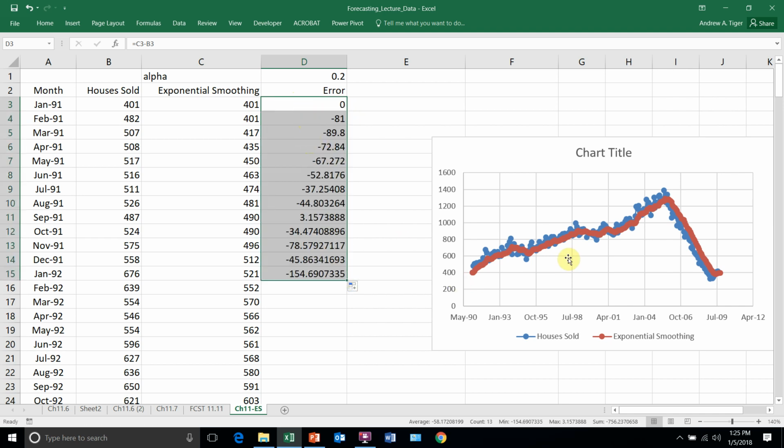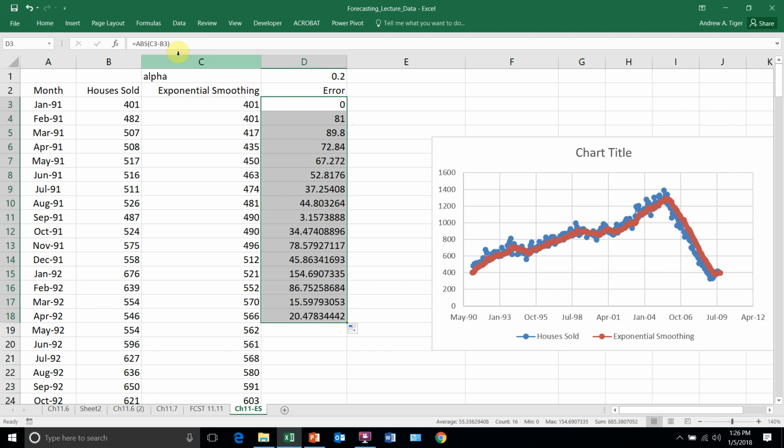It can be positive. You can see it's negative, but it can also be positive somewhere else. So I always want to make the absolute value of that, so that these all become positive numbers. But that's just part of it. That's my numerator. That's the difference between what really happened and the forecast.